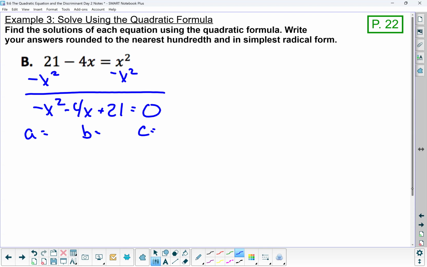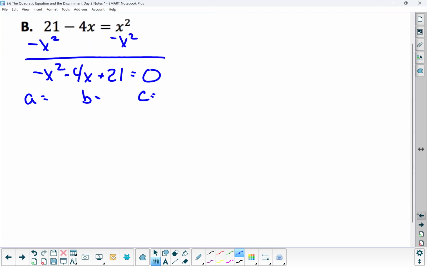To use the quadratic formula, I need to find my values for a, b, and c. A is -1, b is -4, c is 21.